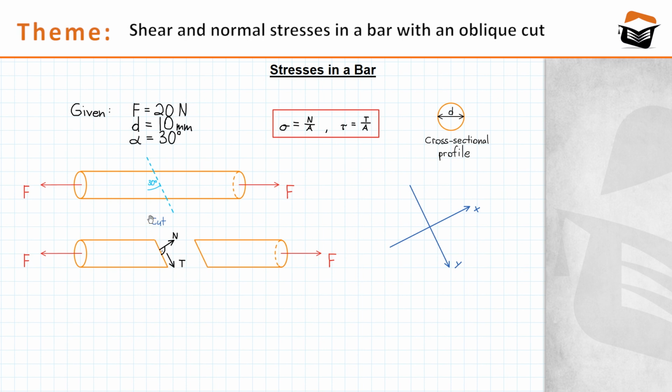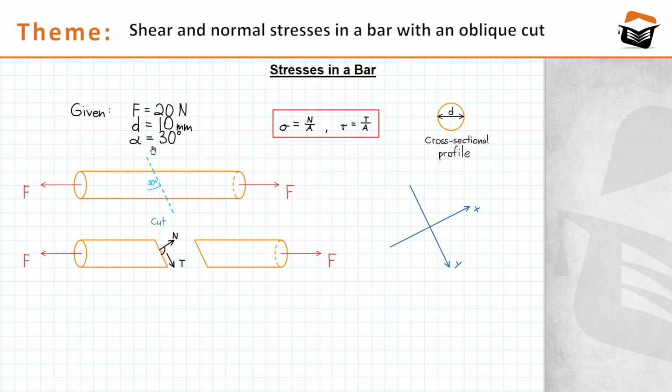As I said, this time we're gonna make an oblique cut with a 30-degree angle to the vertical, and the 30-degree angle is referred to as alpha. Alpha is the angle towards the vertical, as I said. So it is important to mention that the angle is in reference to a vertical axis, because sometimes you could also think of the angle as the angle towards the horizon.